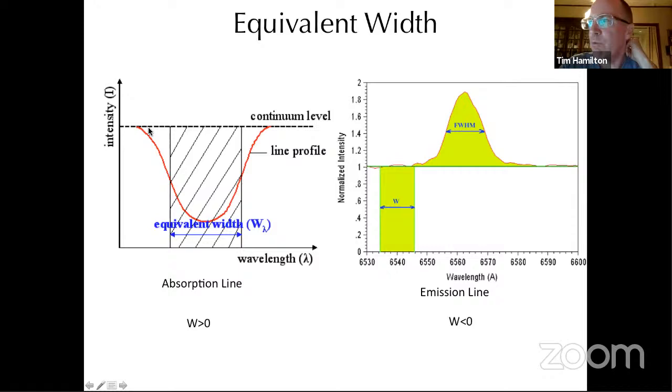Now, if we were to add up the area between the line profile and the continuum, that area would be the flux of absorbed light by that line, the total flux of the line. Of course, it's absorbed, not emitted, but it tells you what flux of light was absorbed by the line there. Okay, now, you could measure that flux in flux units.